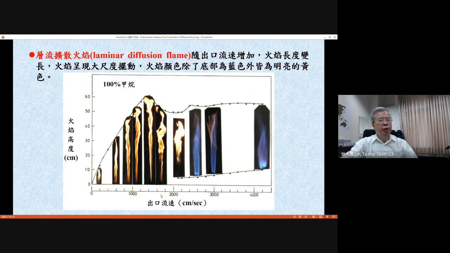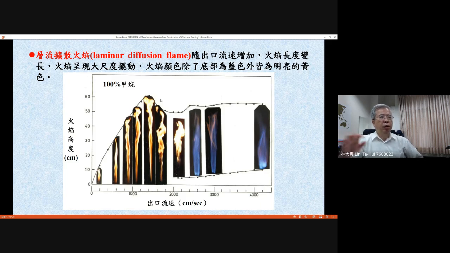This prediction is supported by the theoretical analysis, and the experimental observation fits it very nicely, because the flame length increases almost linearly with the injection velocity, but is slightly higher than the predicted value, with a parabolic shape. This discrepancy is basically caused by natural convection.